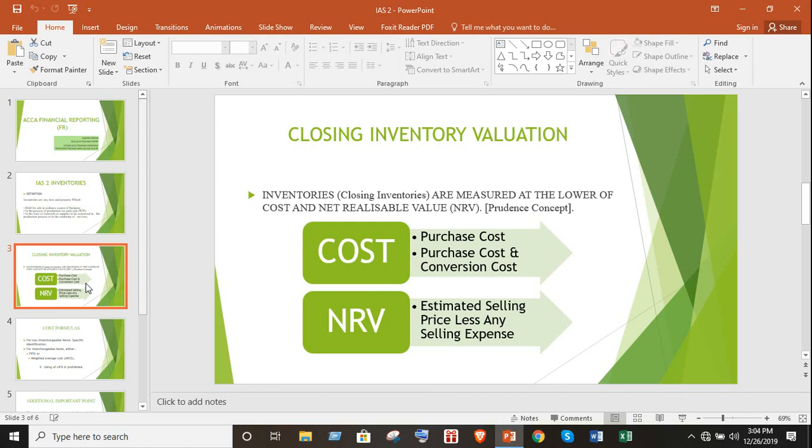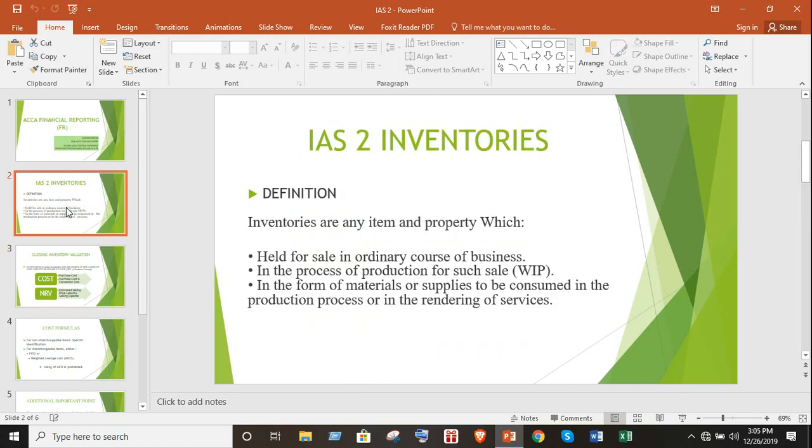If the closing inventory value is misstated, your whole financial statement, for example your profit and loss, will be misstated and your statement of financial position will be misstated. So it is very important to measure the closing inventory properly. To measure the closing inventory properly, which accounting standard do we need to follow? We have already mentioned earlier, that is IAS 2.